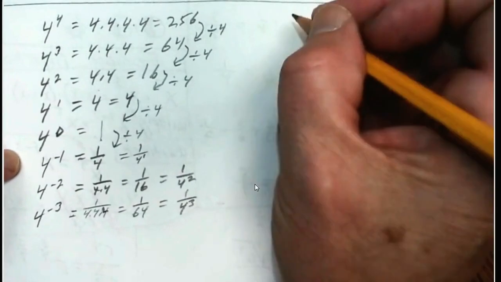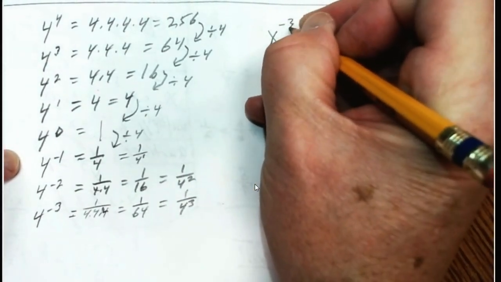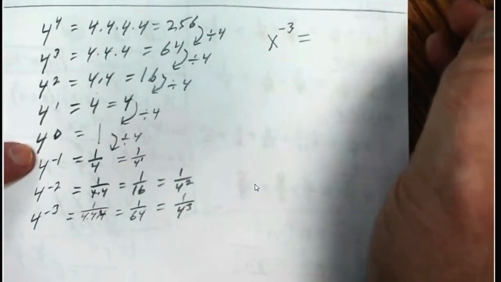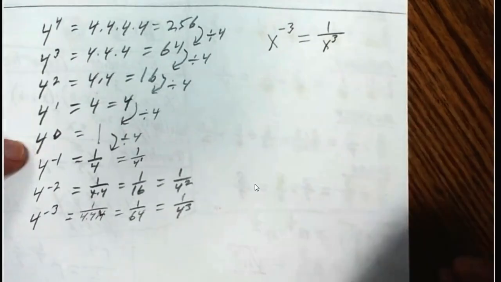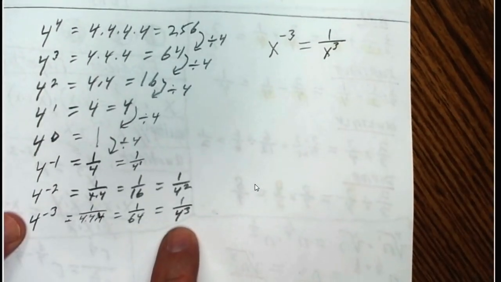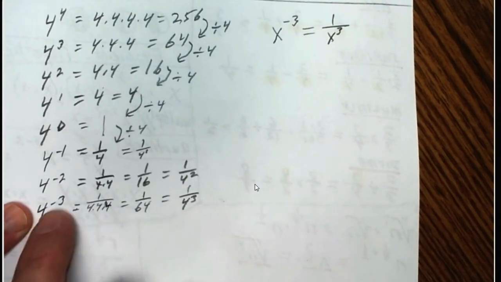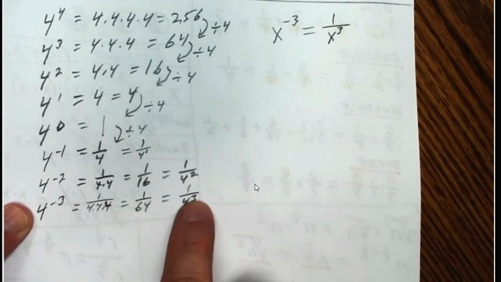If we have x to the negative third power, we rewrite that as 1 over x to the positive 3 power. Because that's what it equals. Something to the negative third power is the same as 1 over that same number to the positive 3 power.